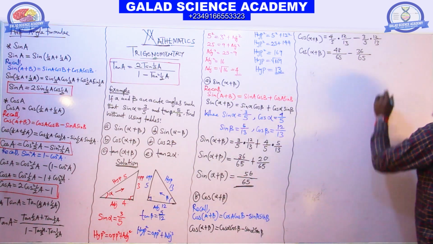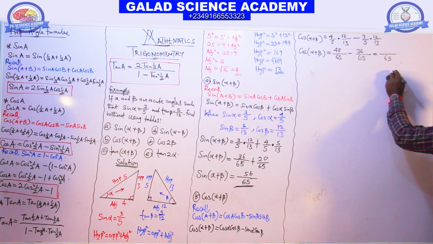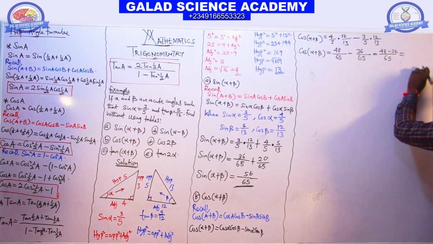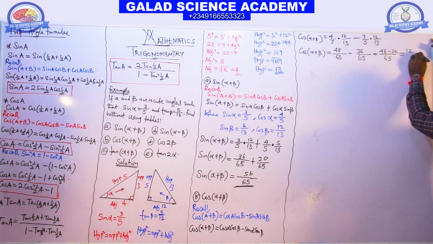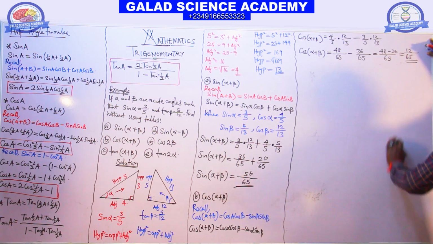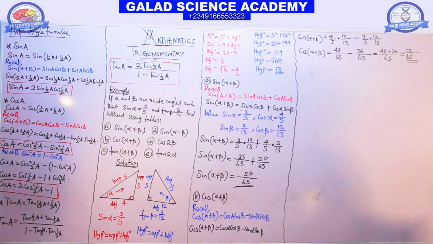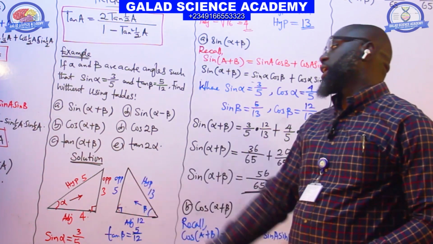So what will be the LCM? The LCM is 65, and 48 minus 36 will be 12. 12 over 65. That is the final answer for cos alpha plus beta.